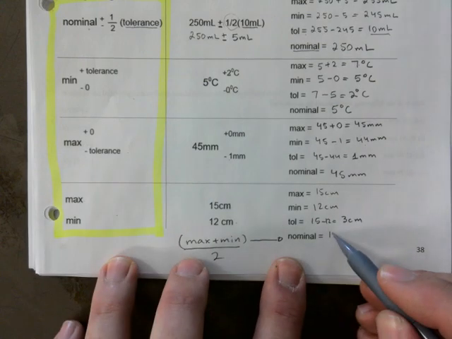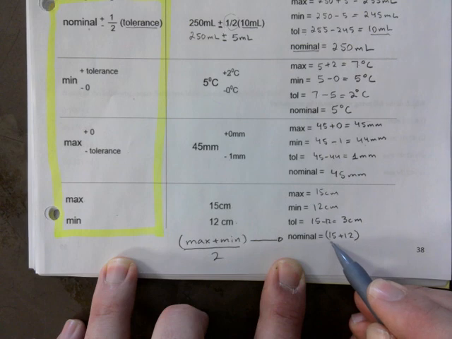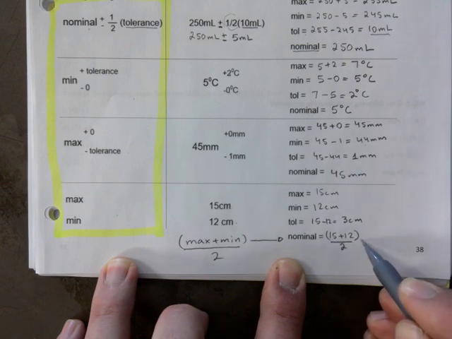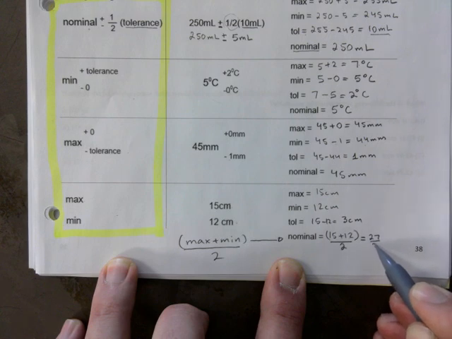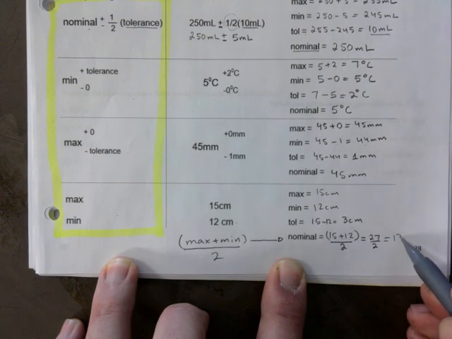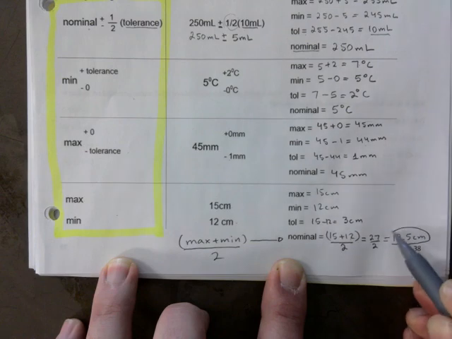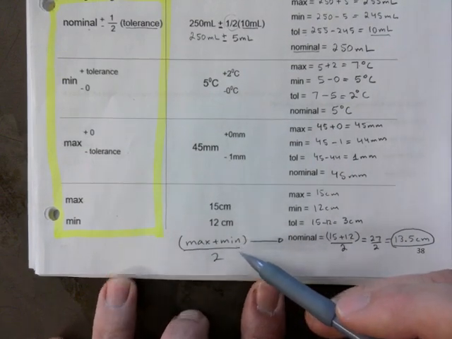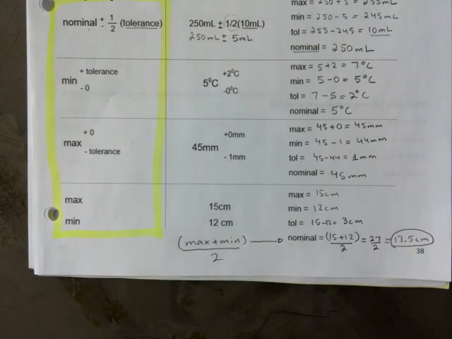Okay, so you're going to go 15 plus 12. Make sure you put that in brackets and divide that by 2. 15 and 12, 27 divided by 2, right? What is that? 13.5? 13.5 centimeters. So this is the only oddball where you have to do the average.